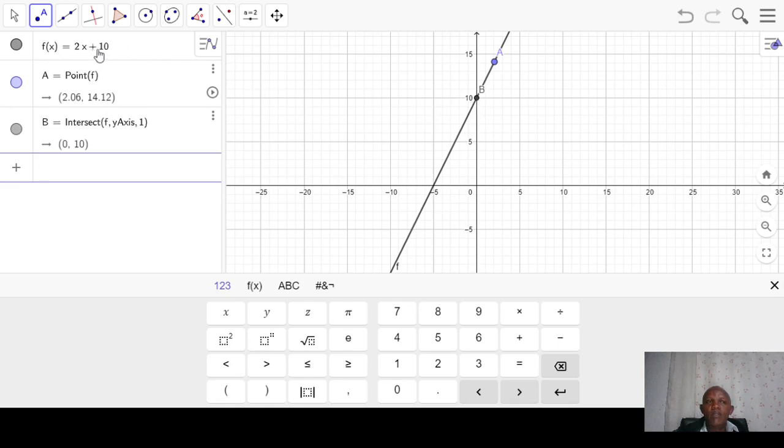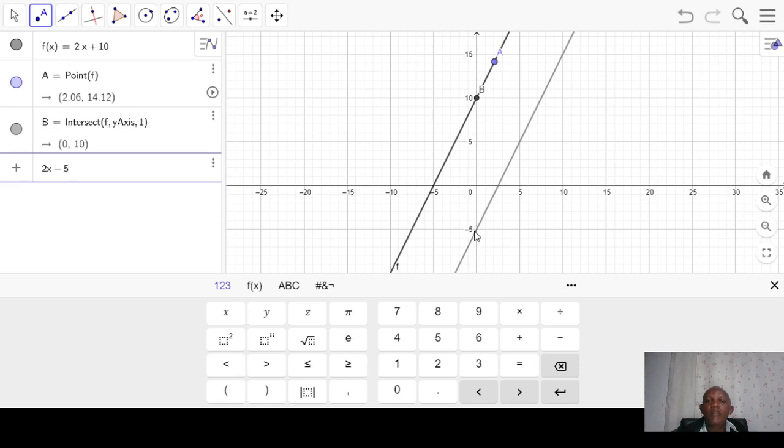If I further reduce this, 2x minus 5, how will this graph change? As you can see, you've introduced another line, 2x minus 5, and the y-intercept becomes negative 5.